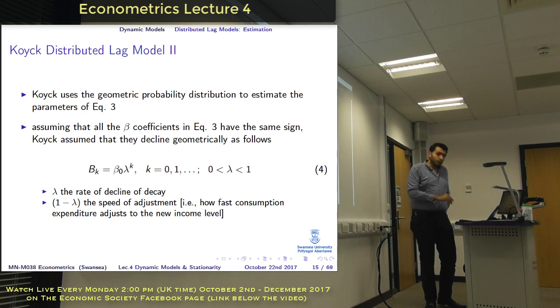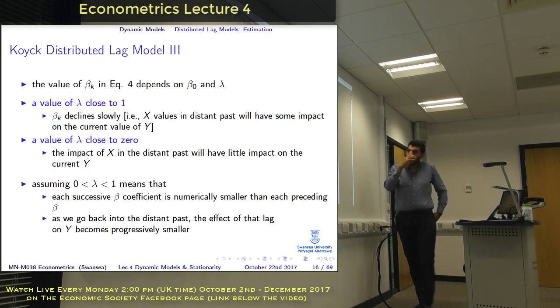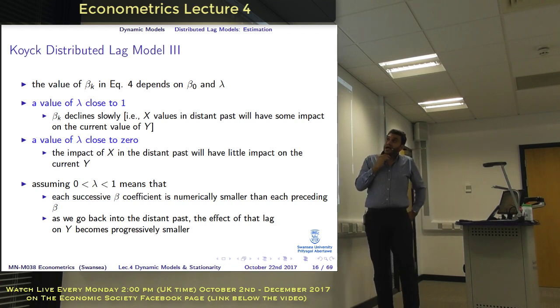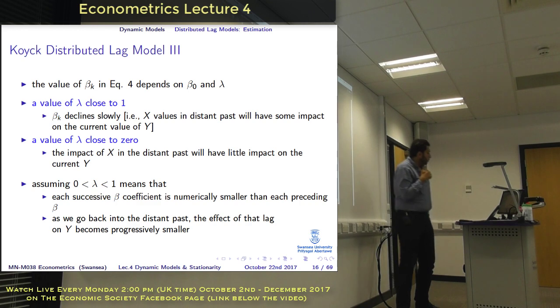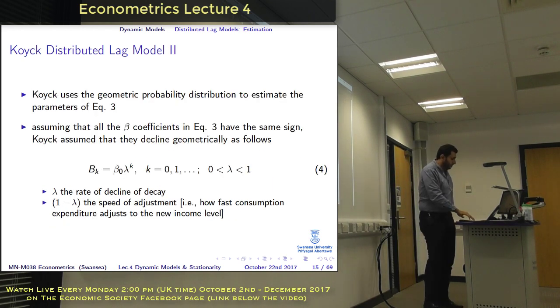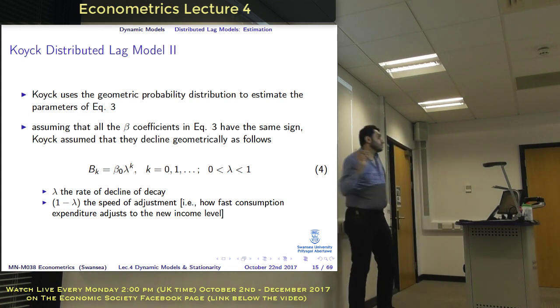So how does this work? Let's think for a minute about beta k in equation 4. As we said, lambda is between 0 and 1.